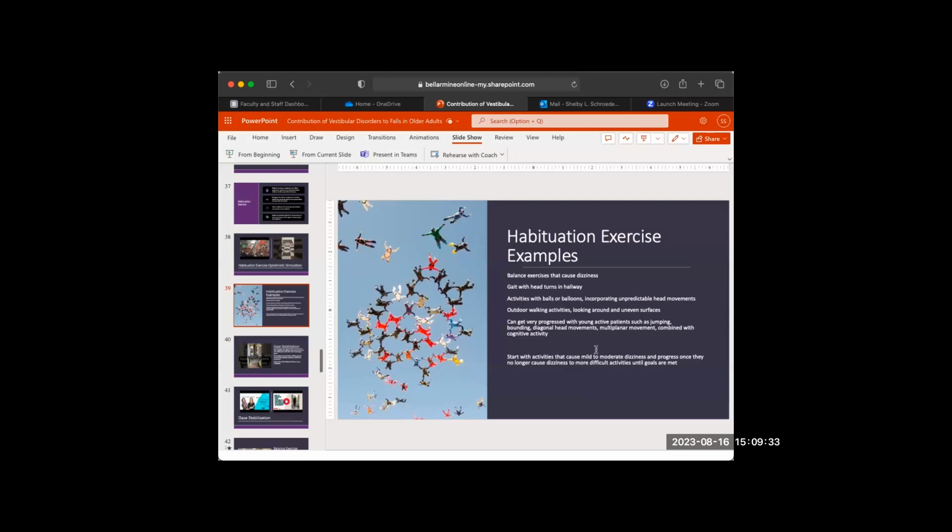And with young active patients, this might get pretty progressed, like jumping or bounding or diagonal head movements or moving in multiple planes, like twisting, rotating, and combined with cognitive activities. So things that challenge their brain as well. So we start, like I said, with activities that cause mild dizziness and then progress once they're no longer dizzy to more difficult activities until the goals are met.